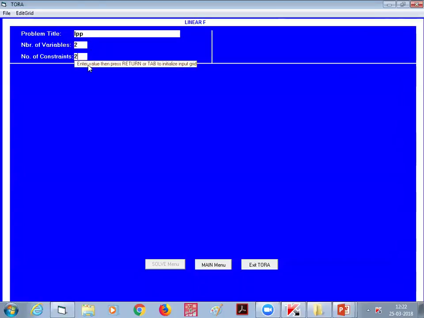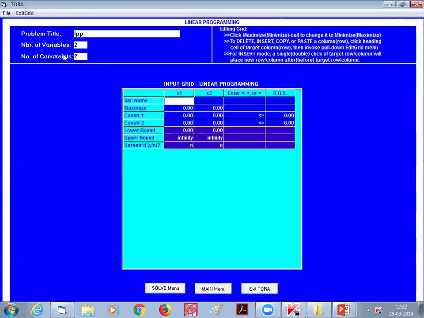So 2 variables, 2 constraints, right? So what do I have here? First thing is that this is maximizing, but we're trying to minimize, so if you click that, it becomes minimize. We're minimizing 60x1 plus 80x2, correct?